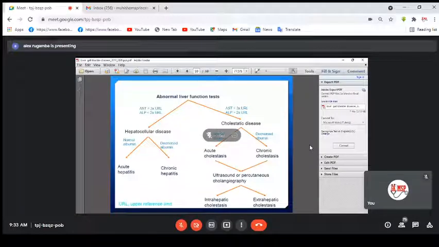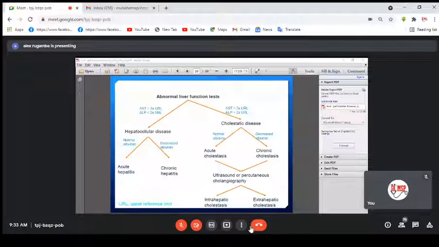Okay, let's see. I was also thinking that they are aspartates. Yeah, they are aspartate aminotransferase.